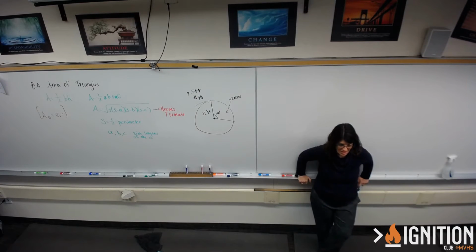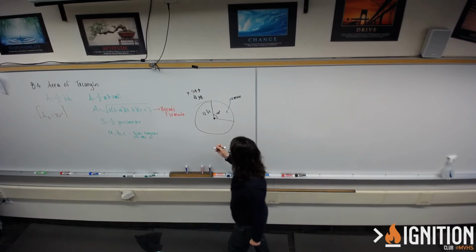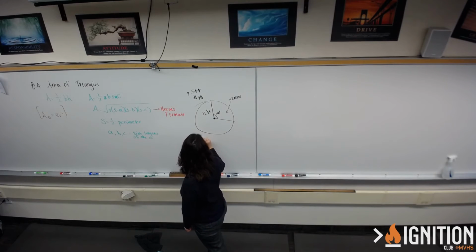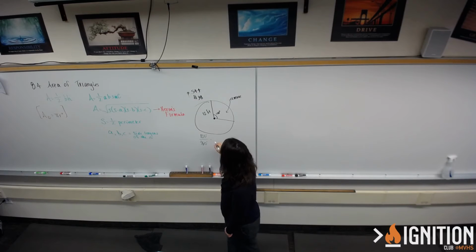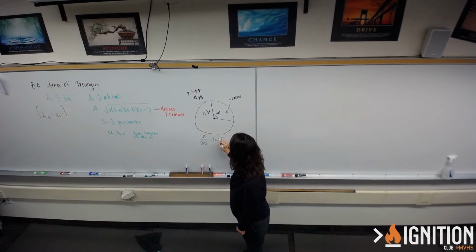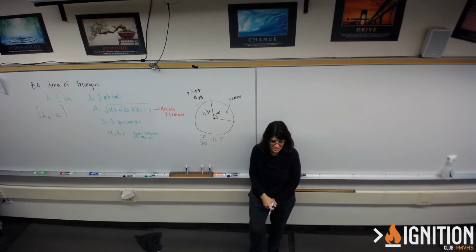100 over 360 times 12 squared pi. But it asks for the surface area. Is that the surface area? 360 minus 100 over 360.